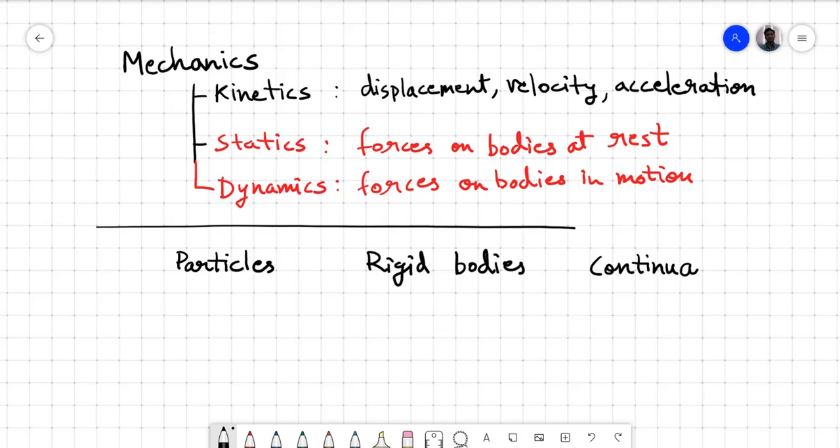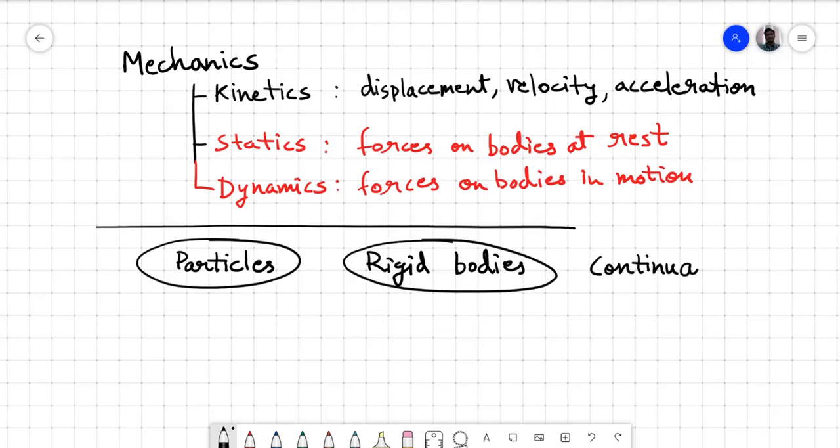Now you have already studied particle mechanics and rigid body mechanics. Just to revise a little bit, what particle mechanics is: you have a particle, you have some forces acting on it, and it has some motion.